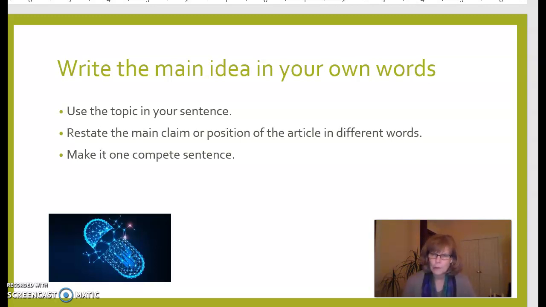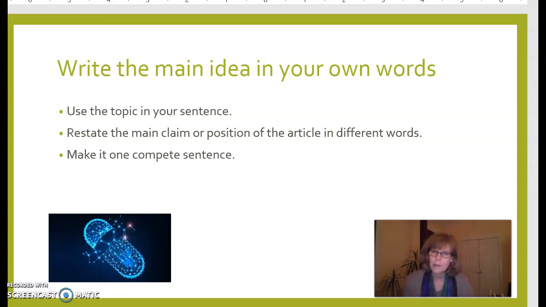So I want you to write the main idea in your own words. In other words, use the main idea that we just talked about, but explain it in your own words, right? Restate it. Make it a good sentence about this article, Drug Discovery in the 21st Century.